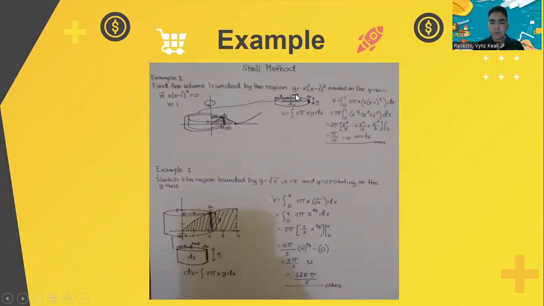The axis of rotation is the y-axis. The distance from the axis of rotation to the graph is equal to x. The height is equal to y. The thickness is equal to dx. And this is the volume that we are going to solve.